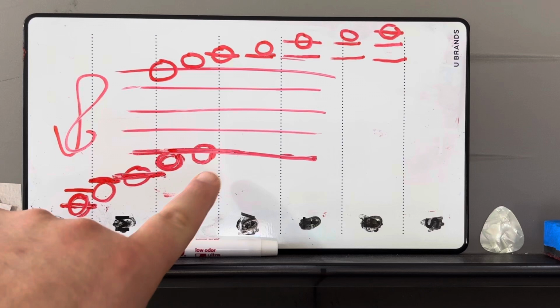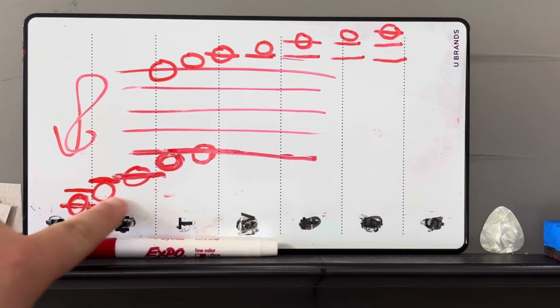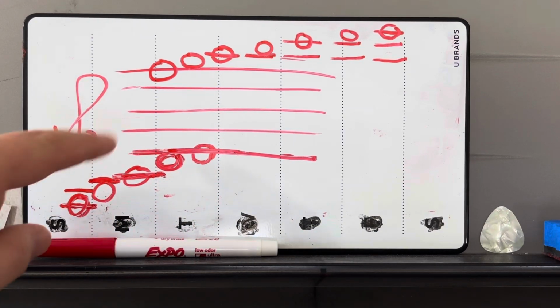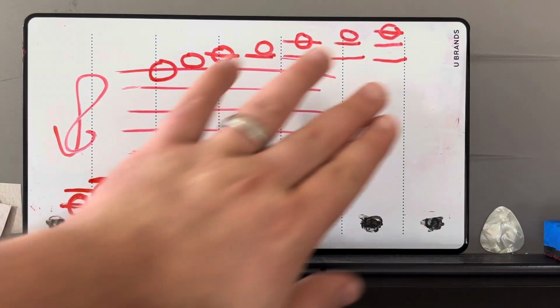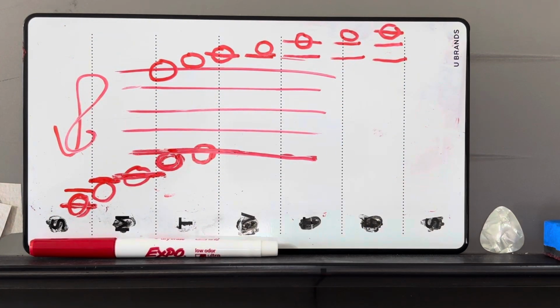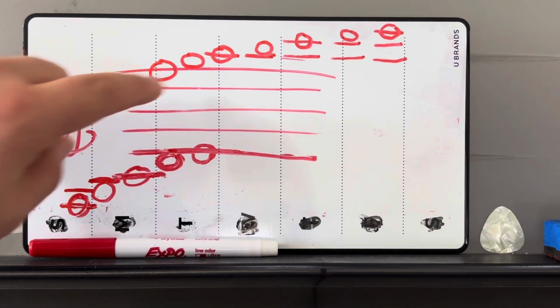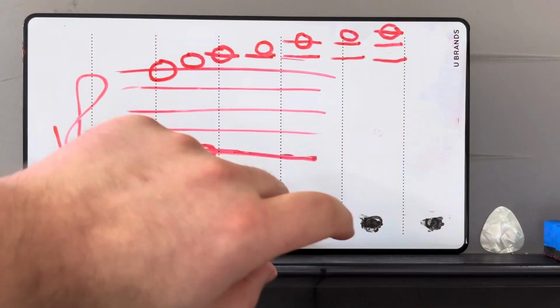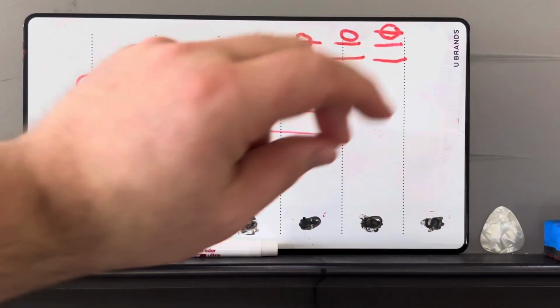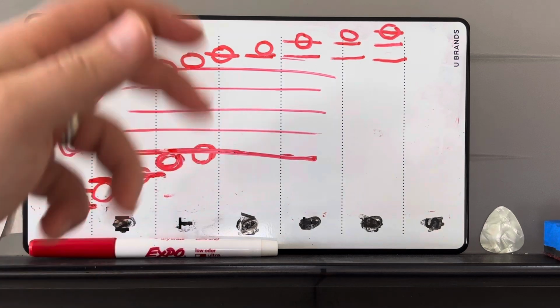But there's a certain point, like if you're gonna go so low with the notes, then you're just gonna put those notes in the bass clef, so it's easier to read. Ledger lines are not the easiest to read, but once you practice enough, it's just like memorizing the notes on the staff itself. You can memorize the notes on the ledger lines. So I know by looking at that, that's an E right away, just because I've been playing so long.